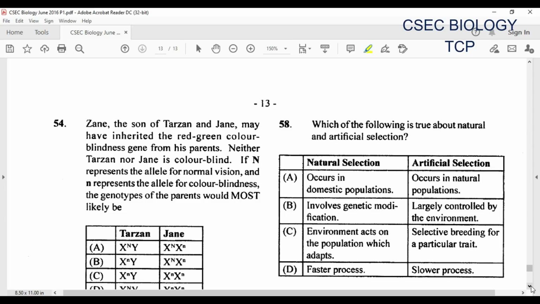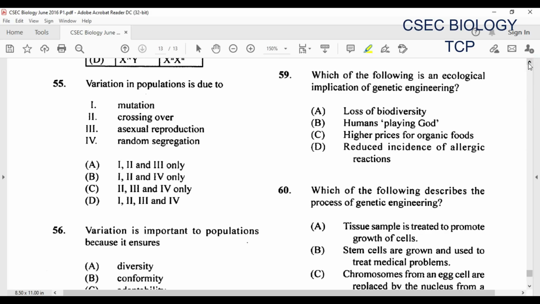To do this genetic diagram, I'm unable to do the drawing here; I'm not so familiar with the program. So the answer there would have been A. Like I say, you can find out more by going to my channel, and you'll see all the various diagrams for the genetic crosses. We're moving on to question 55.